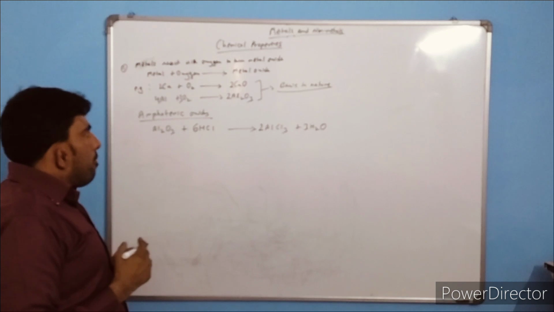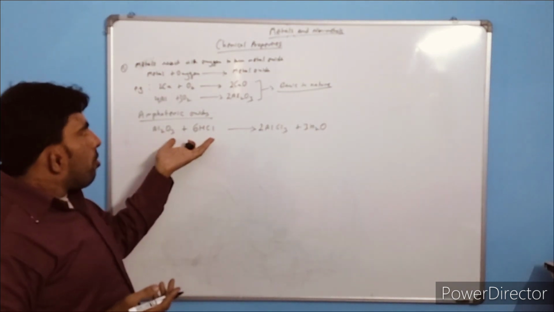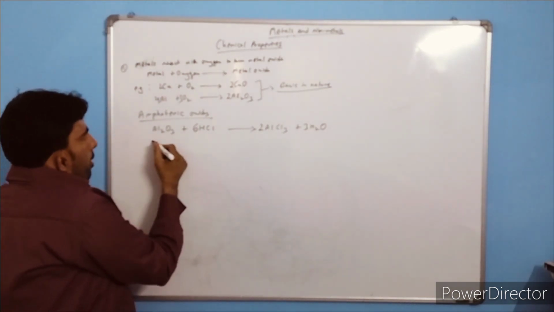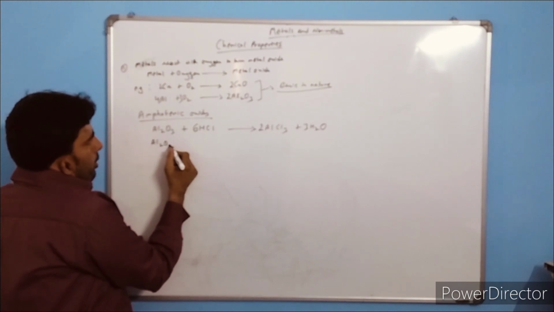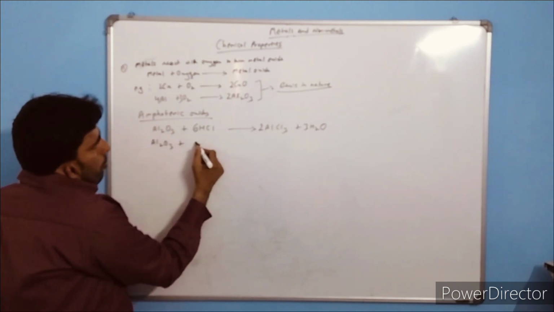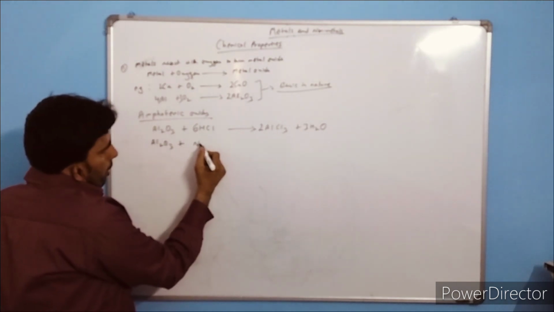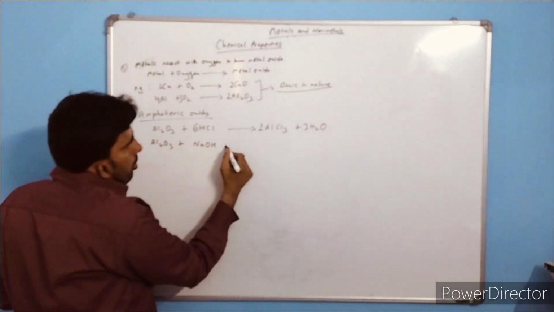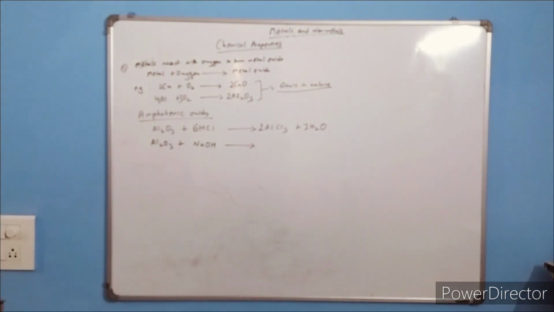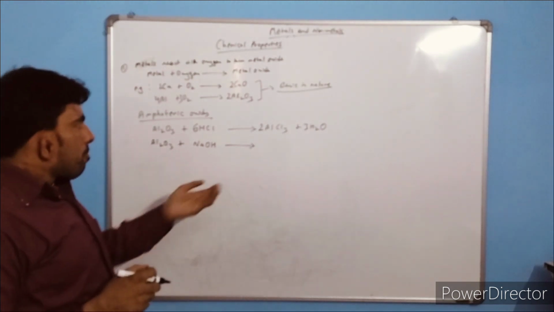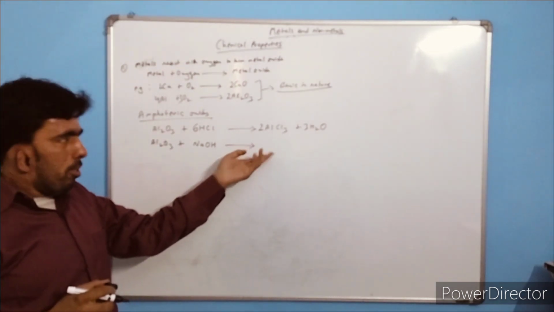So these are amphoteric oxides, because when aluminium oxide reacts with a base, for example NaOH, it gives a basic salt.